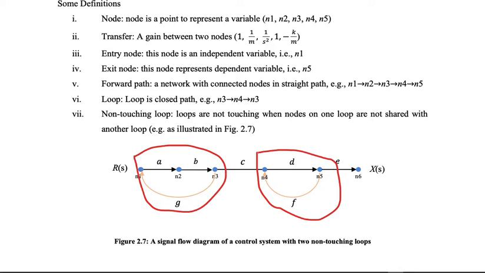The nodes on the first loop are not touching the nodes on the second loop. As we can see here, N1 belongs to loop number 1 and is not shared with loop number 2, because loop number 2 starts with N4, then N5 and back to N4. So this is the illustration of non-touching loops on the same forward path from N1 until N6.